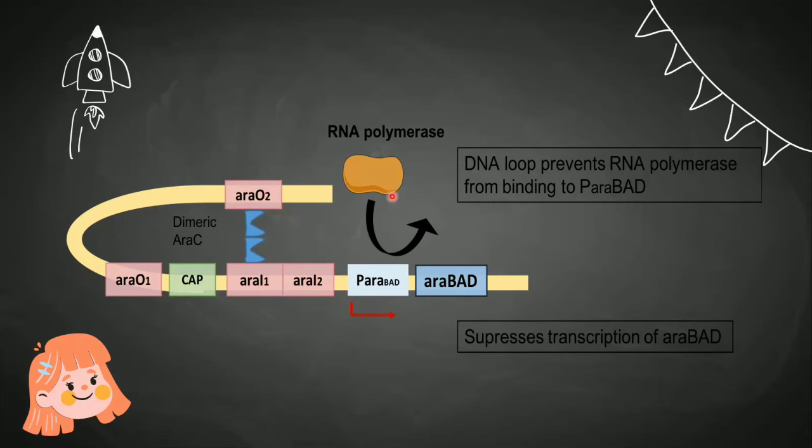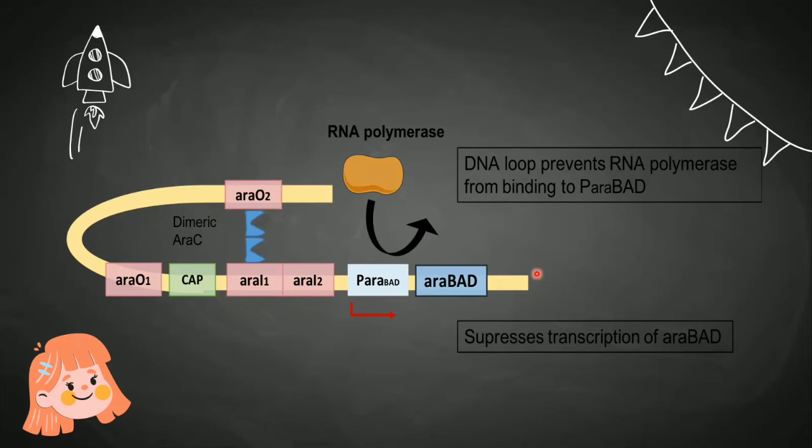When this loop-like structure is formed, your RNA polymerase does not have a free way to come and bind to the promoter region of your structural genes. Hence the transcription is blocked by the loop structure. This is how the negative regulation of your Arabinose operon happens.